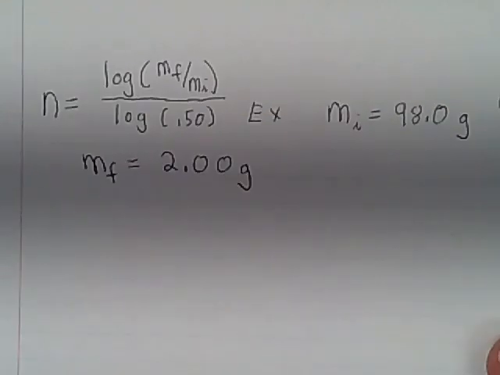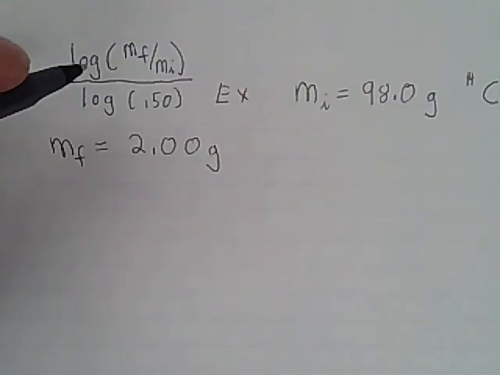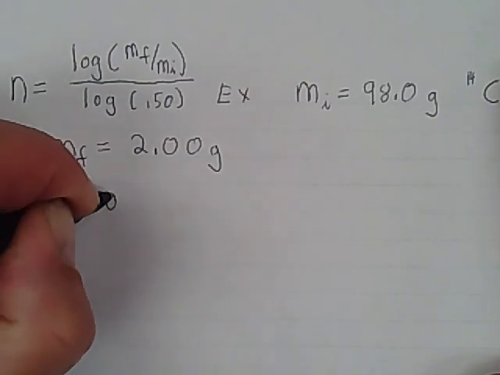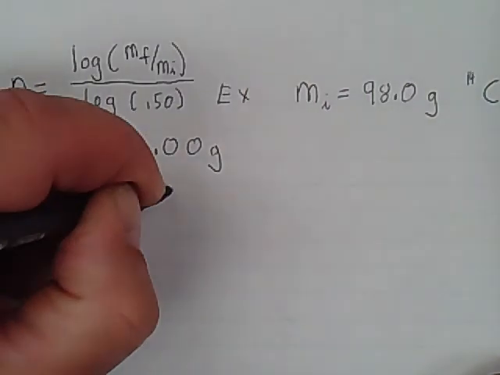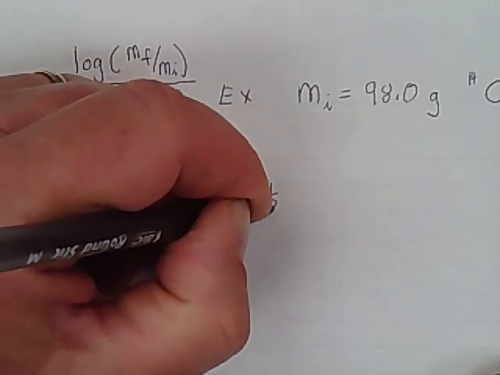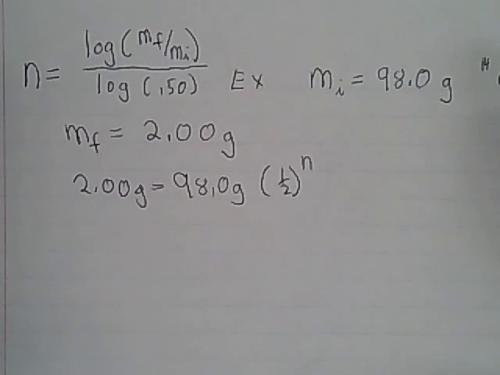All right, we just had our 3-minute break, slight disruption. And now we're going to solve for n, right? So what we have is 2 grams is equal to 98 grams times 1/2 raised to the mystery power n, the number of half-lives that have gone by.